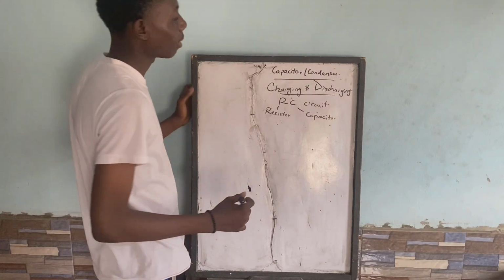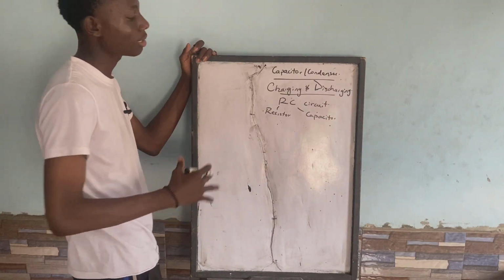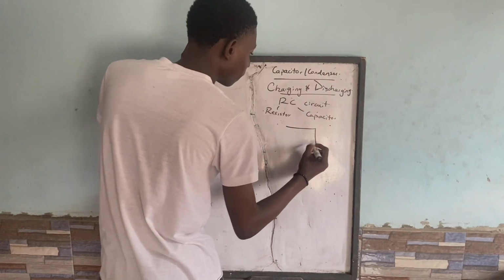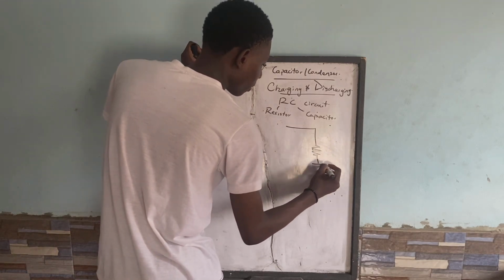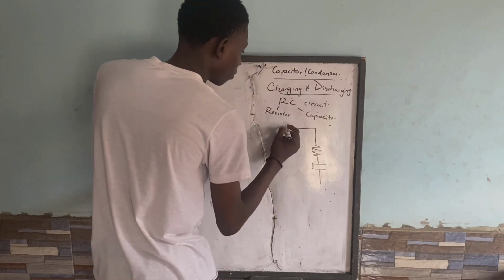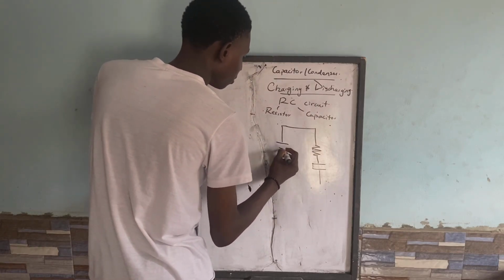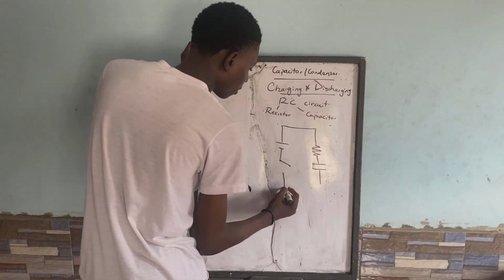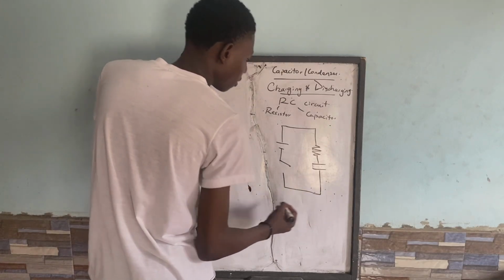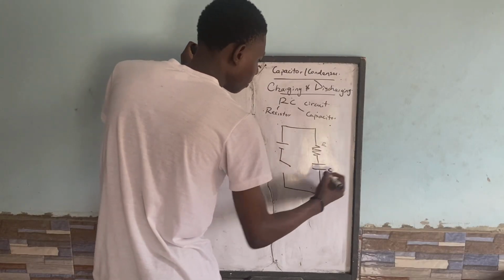I'll use a simple diagram to help us understand this phenomenon. We have a resistor, a capacitor, a battery or cell, and a key.